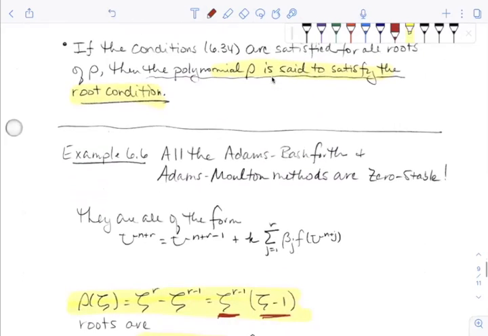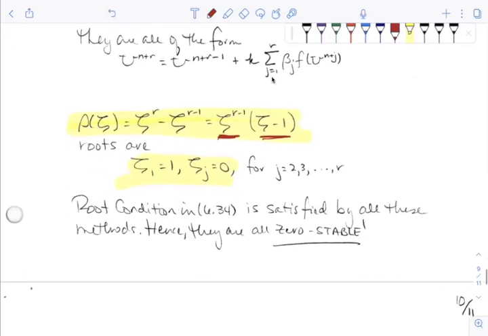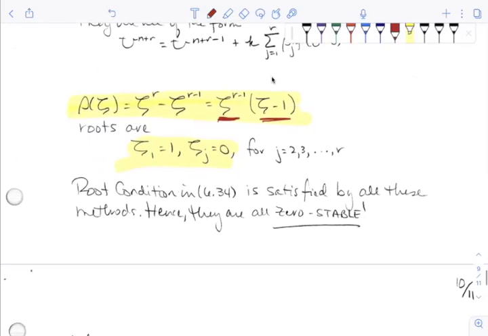So it turns out that the root condition in equation 6.34 is satisfied by all of these methods, and all at once. It's not very often we're able to do that in this class. So all of the Adams-Bashforth and all of the Adams-Moulton methods are what we call zero stable.